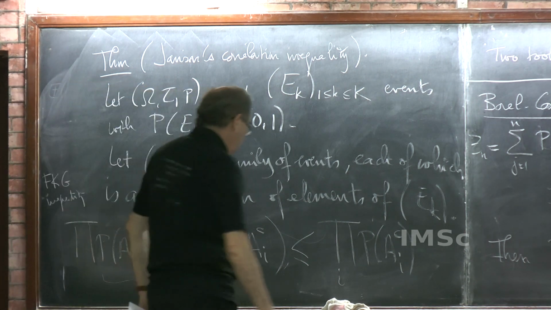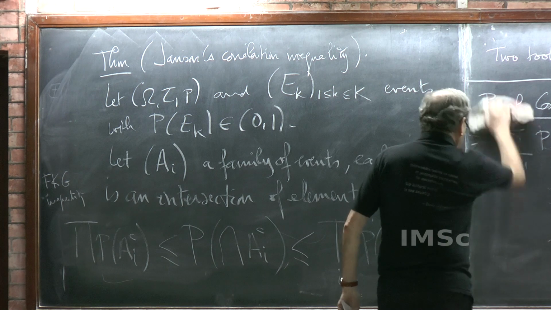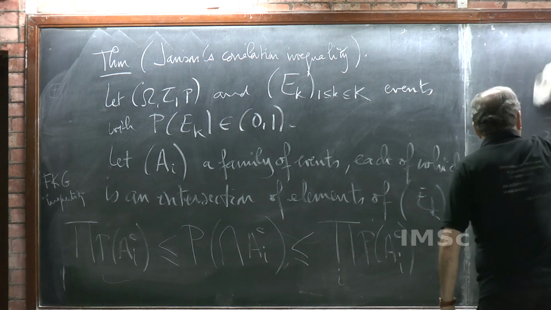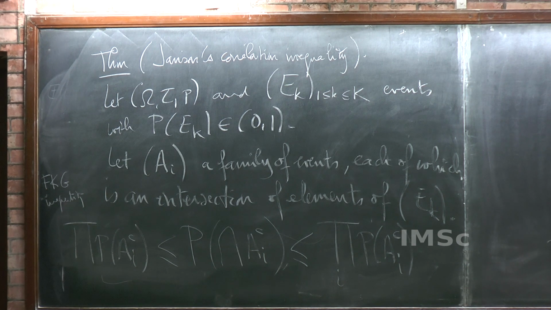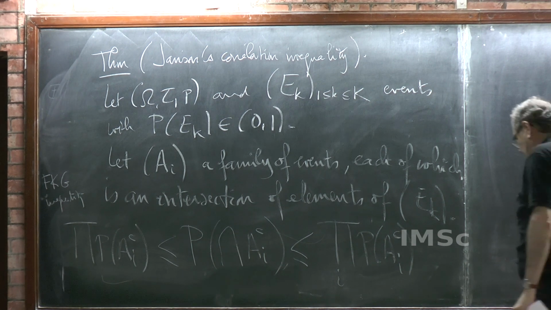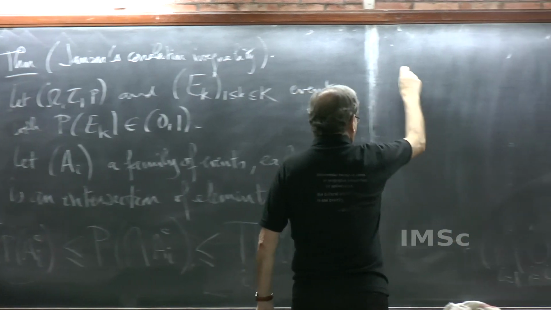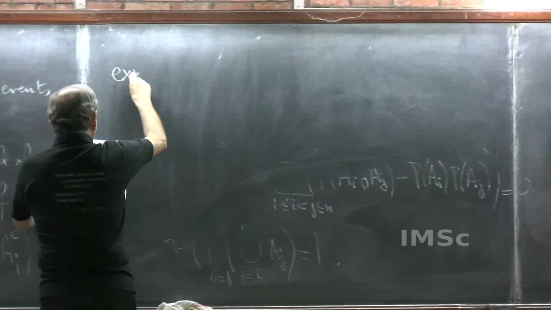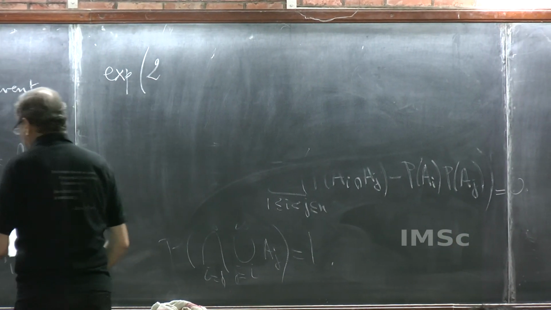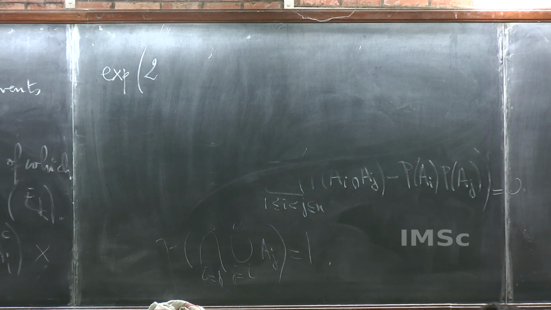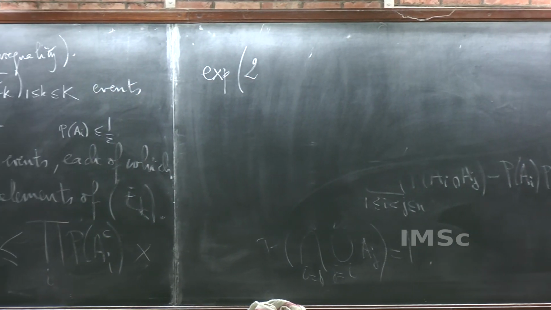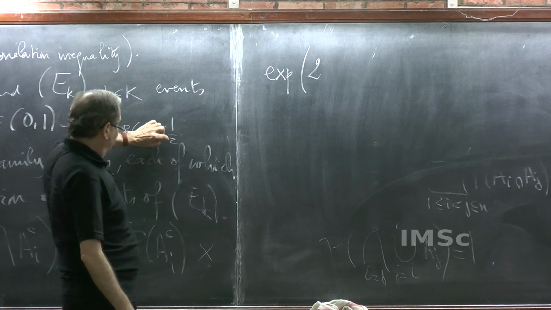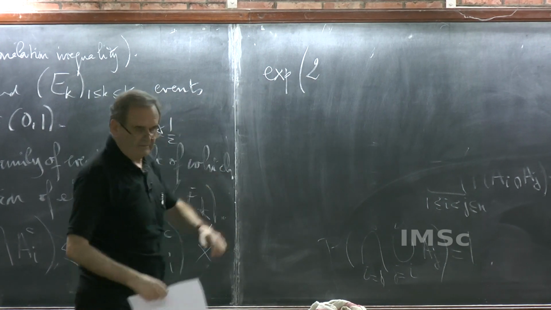And there is some factor in front of that, times something which is exponential of 2 times, well, maybe there is some condition to say here that I assume that the probability of A_i is at most 1/2.